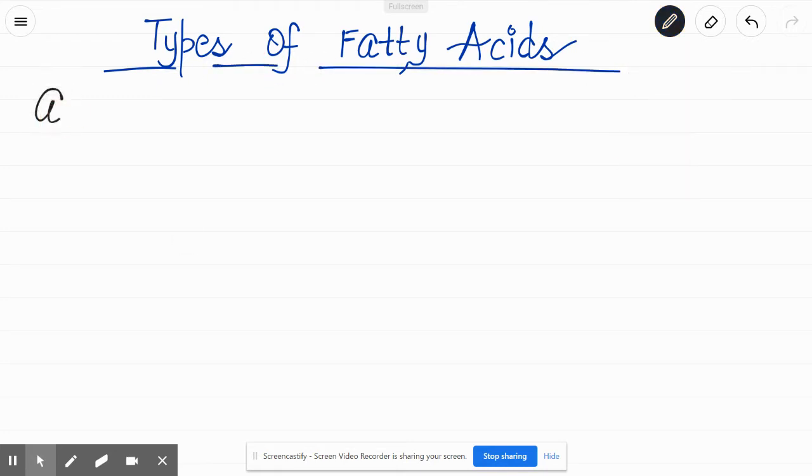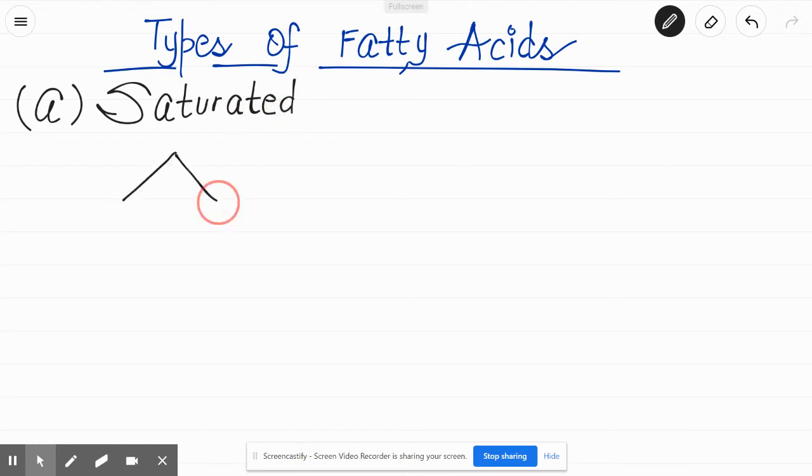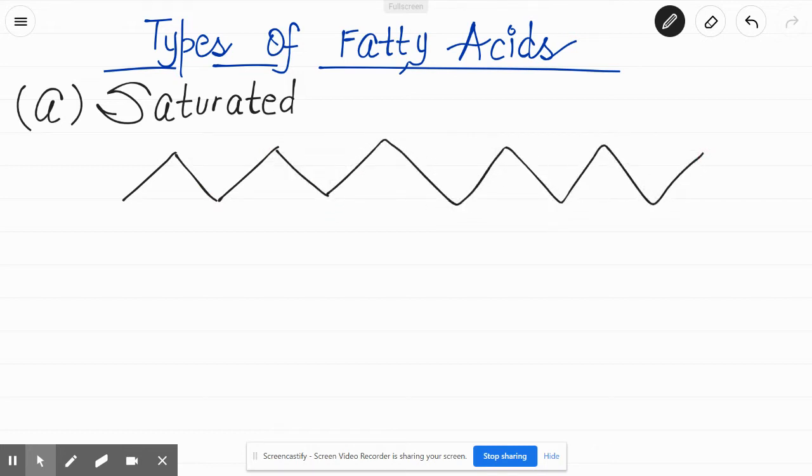All right, the very first type of fatty acids are called saturated fatty acids. It is the same structural formula that I gave you on the last slide for the example. It's a very simple chain of hydrocarbons with the carboxyl group in the end.